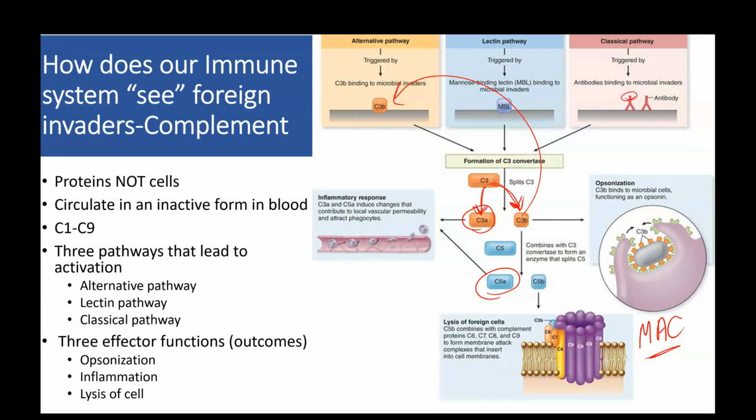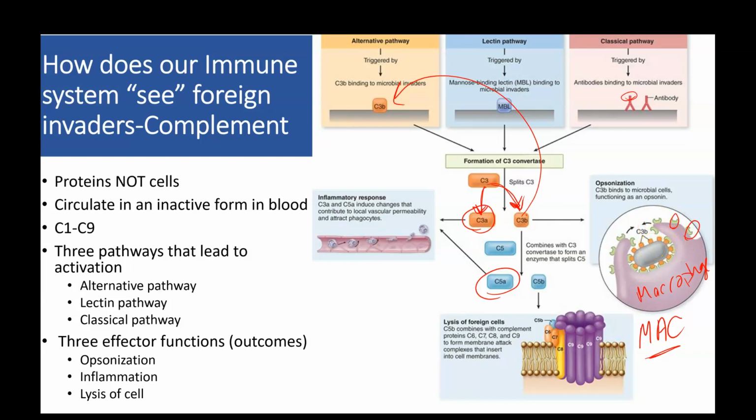phagocytosis. So what happens is C3b is going to bind to that bacteria, and it basically acts like a little anchor on that bacterial cell. And now when the phagocyte reaches that bacteria, let's say that this is a macrophage, it has specific receptors on the outside of this macrophage that can attach to C3b.